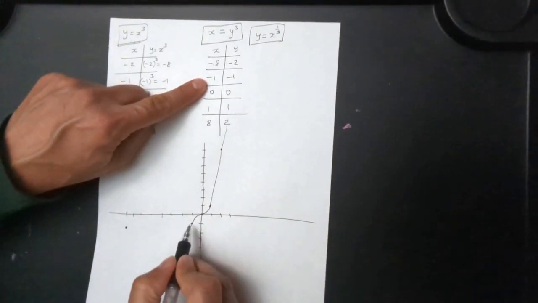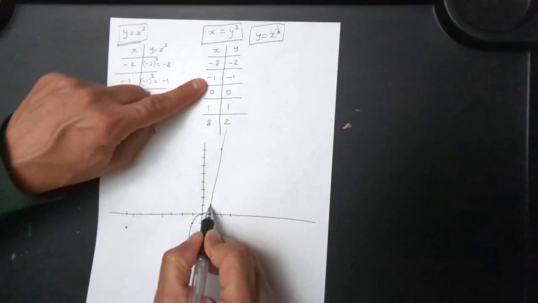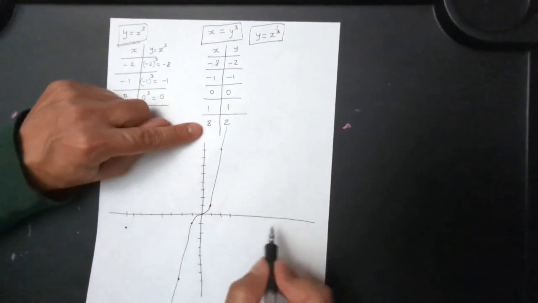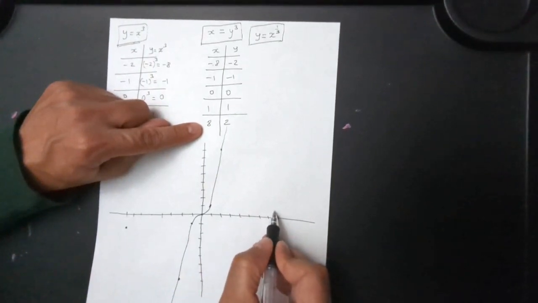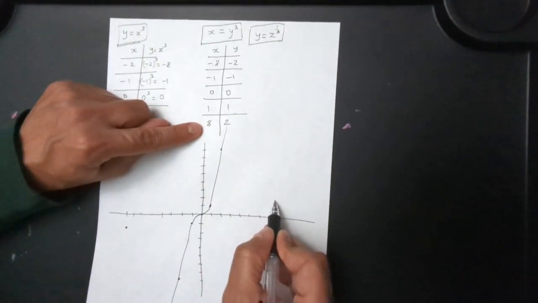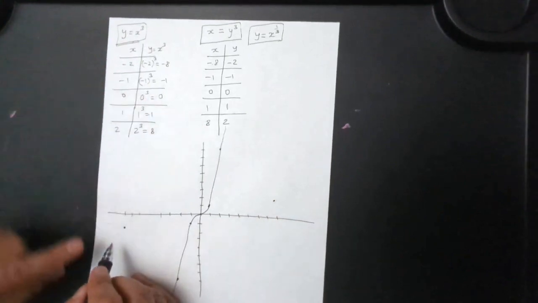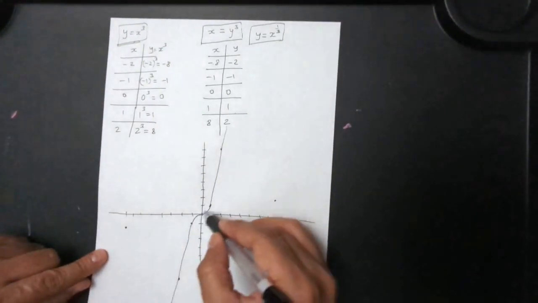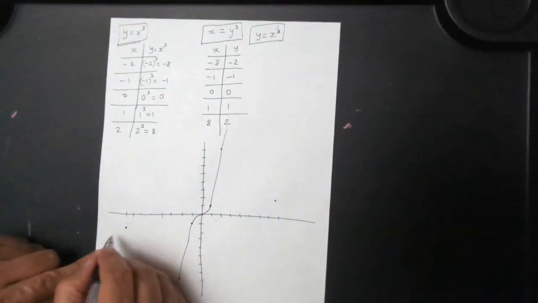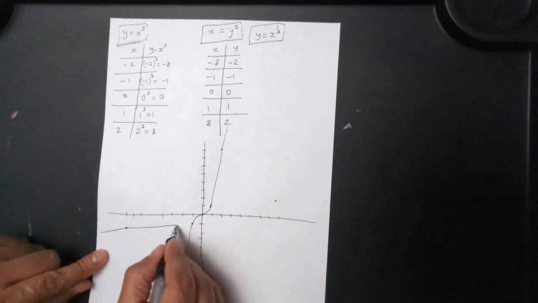It is here. 0, 0, and 1, 1, and 8, 2. So 1, 2, 3, 4, 5, 6, 7, 8, 2. It's gonna be here. So the function y equals x cube went like this. This function is gonna go like this.